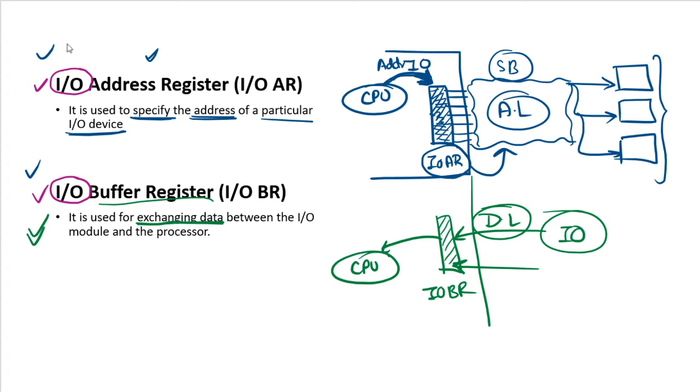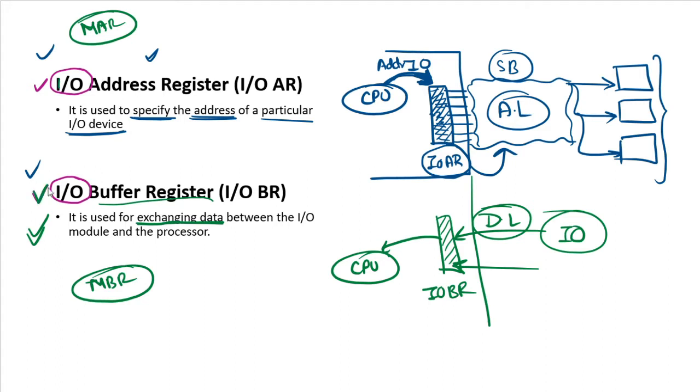The IO address register is quite similar to the memory address register, and the IO buffer register is quite similar to the memory buffer register or memory data register, right? The only difference is, whenever we are accessing memory, we use the memory address register, and whenever we are accessing IO, we use the IO address register.